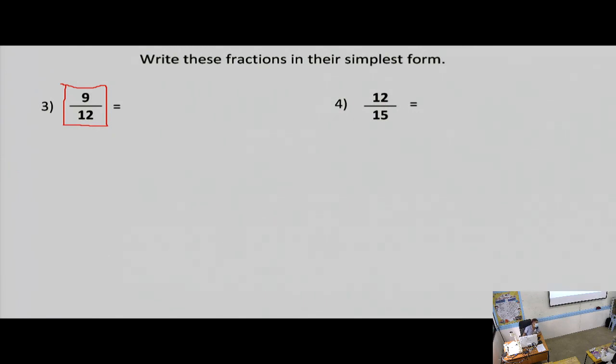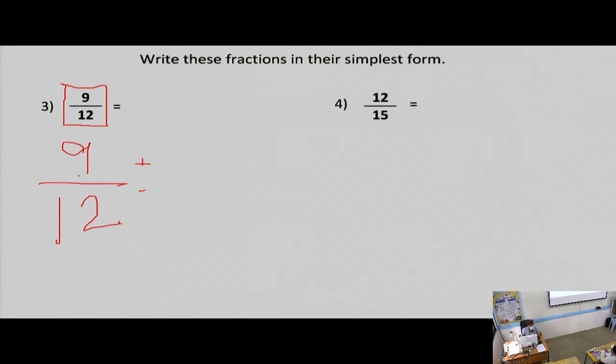Stand up, mister. So we will have here 9 over 12. What is the simplest form? 9 and 12, where can you divide them?